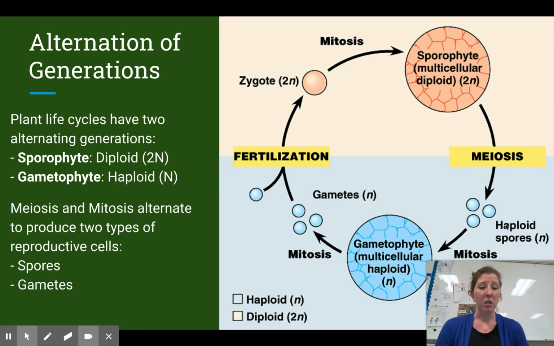Those spores then develop into a gametophyte, which is then the structure that produces the gametes, either eggs or sperm. So the dividing line, if you're confused on a diagram, look for the places where fertilization is happening and where meiosis is happening. That's the big divide. It's not always a 50-50 split. Some plants are dominant in the sporophyte generation, and some plants are dominant in the gametophyte generation.